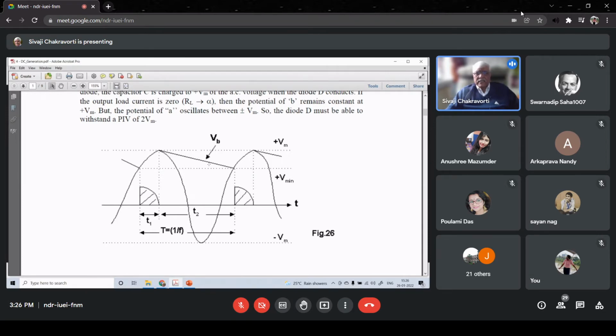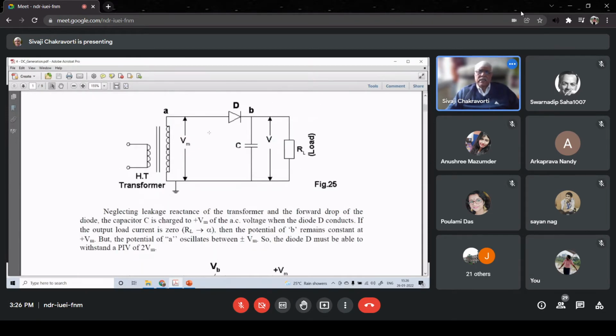Yes, that answer is very simple again: the discharge time constant of a capacitive resistive circuit is R into C. This C is typically of the order of a few microfarads, but this RL, being insulation resistance, will be of the order of maybe hundreds of mega ohm. So this time constant becomes quite high.